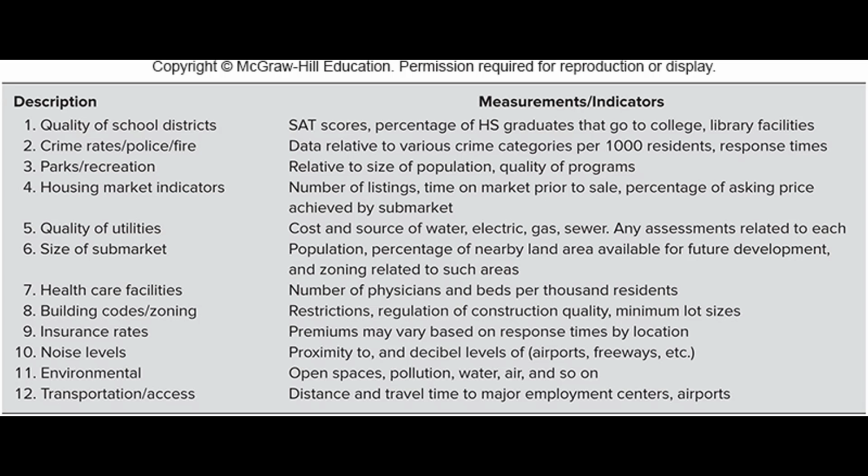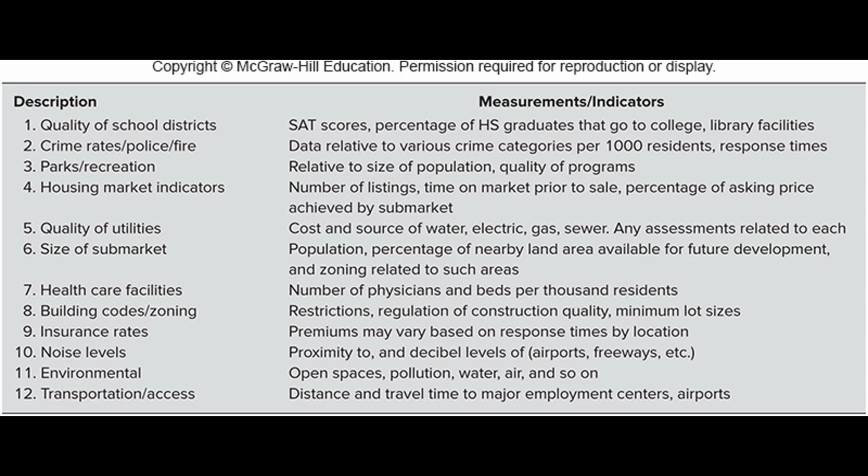What about building codes and zoning or insurance rates? Insurance rates will be an issue if you're looking at properties that are in floodplains or in areas that are prone to tornadoes or hurricanes and other types of natural disasters. What about noise levels? Are you close to an airport or, not so much construction because that's temporary, but some other type of ongoing noise-generating location?